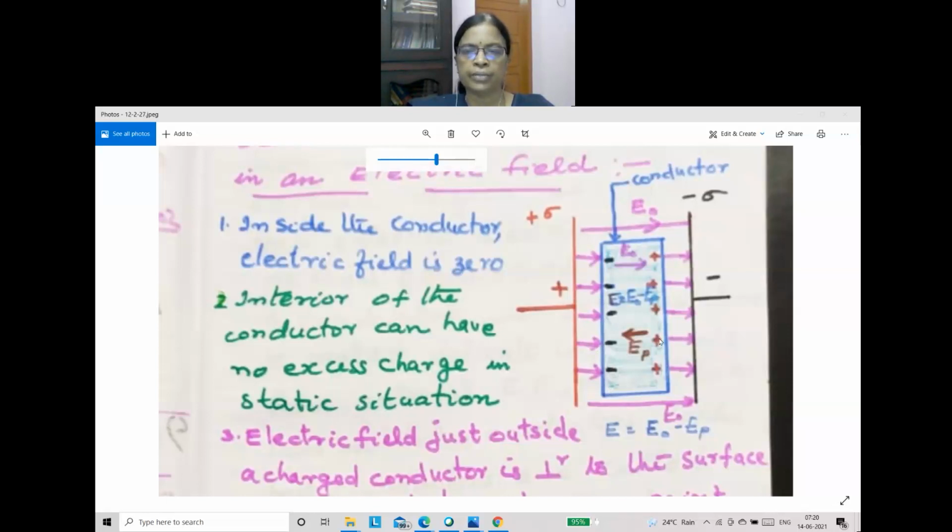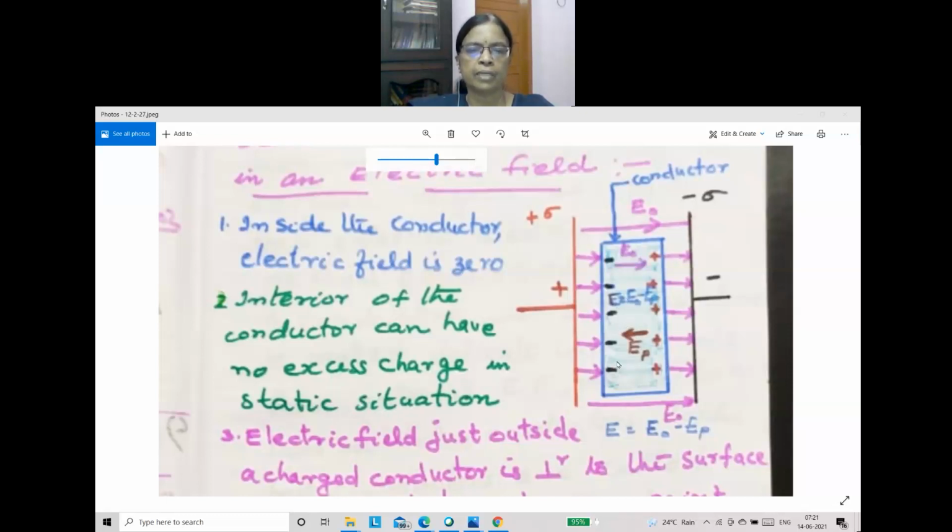Charges reside only on the surface. Inside the conductor, electric field is zero. That is a very important property. So all the charges come and arrange near to the surface. Negative charges here, positive charges there, on the surface, not inside. And inside, electric field becomes zero because E0 equals EP, so E0 minus EP becomes zero inside.